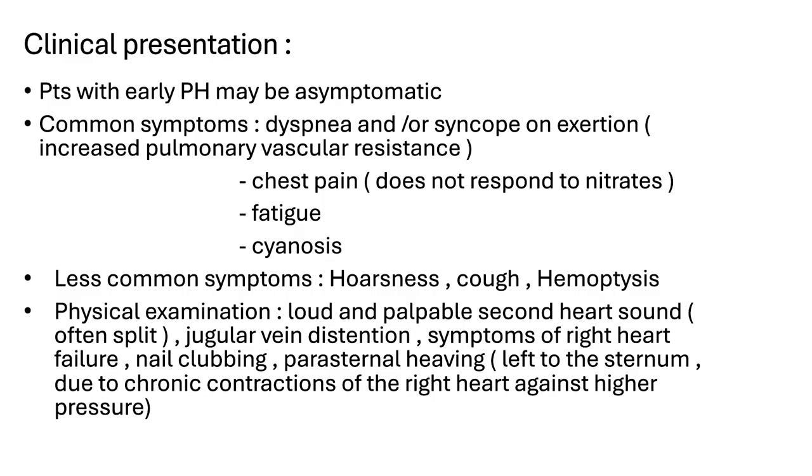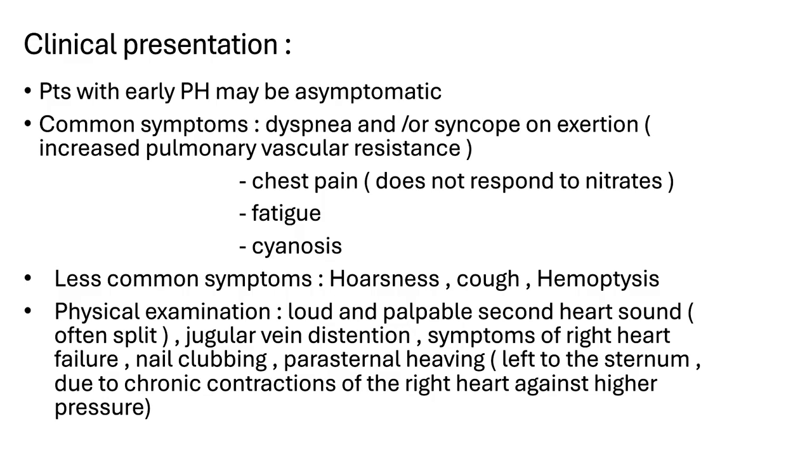Now, let's talk about the clinical presentation of the patient. Generally, patients with early pulmonary hypertension may be asymptomatic. If they are symptomatic, the common symptoms will include dyspnea and or syncope on exertion, which happens due to increased pulmonary vascular resistance, chest pain which doesn't respond to nitrates, fatigue, and cyanosis.